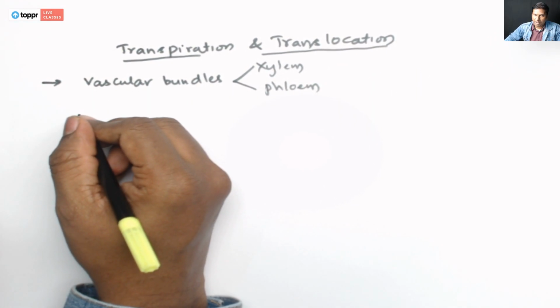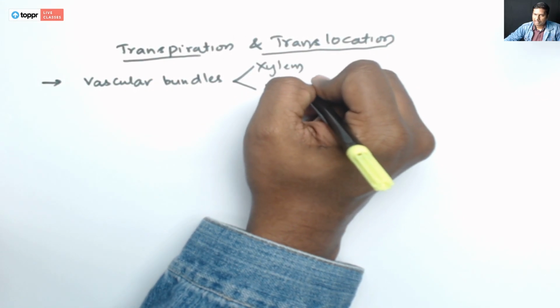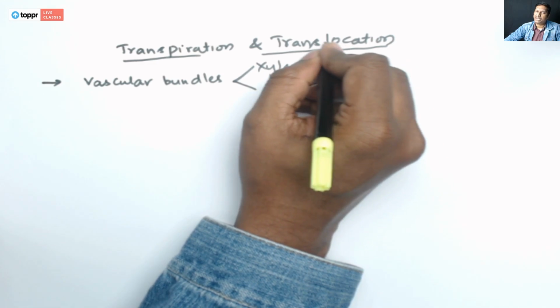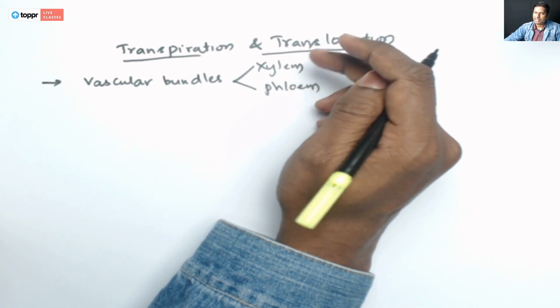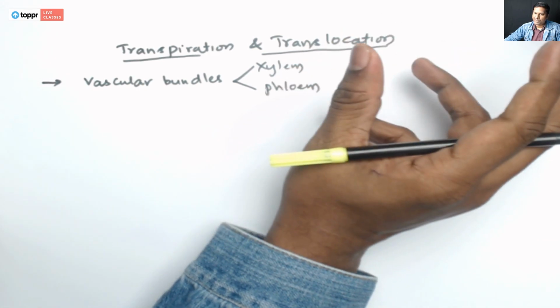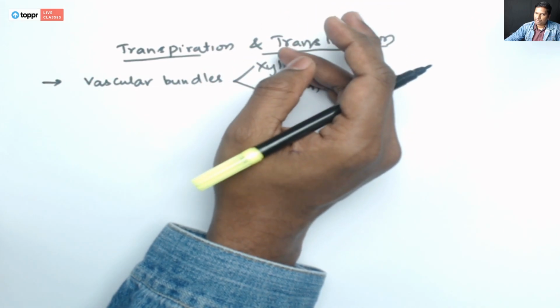Okay, so these two are your vascular bundles. We'll start with a brief description about what these are and what type of cells they are made up of. Why is that significant? Because unless you understand how they are arranged, it becomes difficult for you to visualize the movement in a plant. Okay, the movement of water or food in a plant.